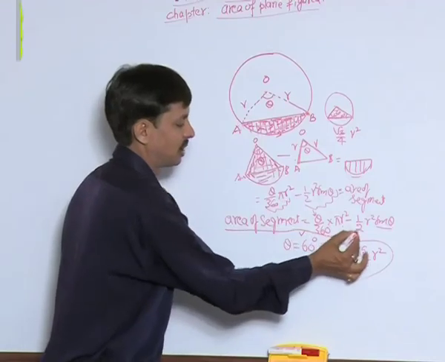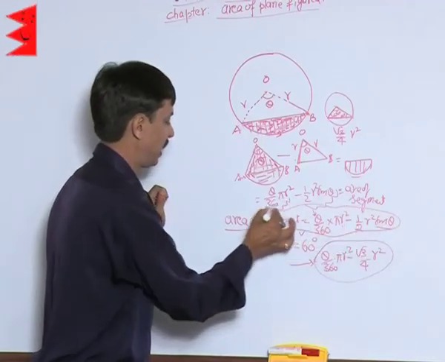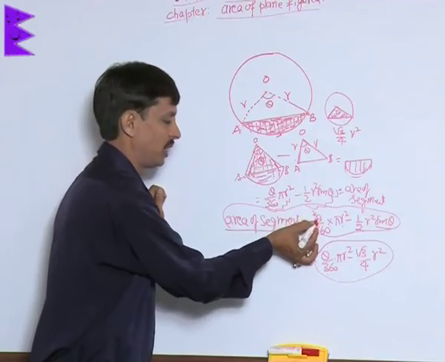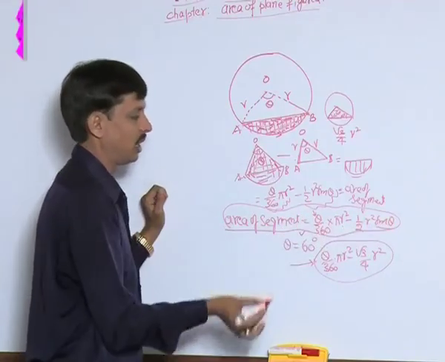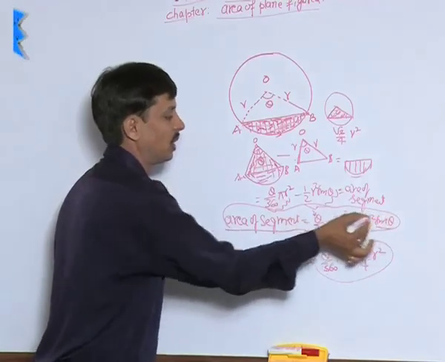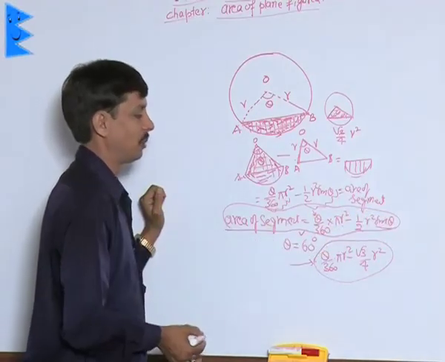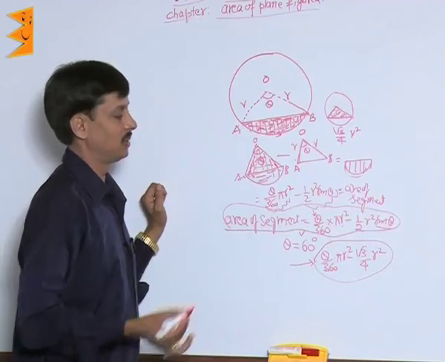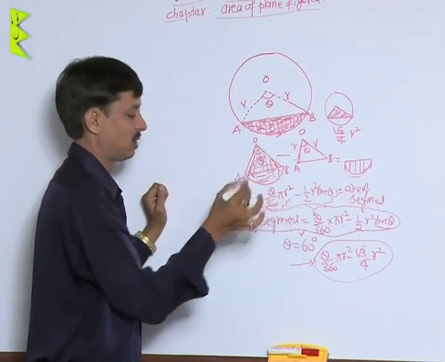This is the master result for finding the area of any segment, maybe minor or major, because if theta is 180 degrees, then we say it is a semi segment. If more than 180, we will find the area of the major segment. If theta is less than 180, we will find the area of the minor segment.